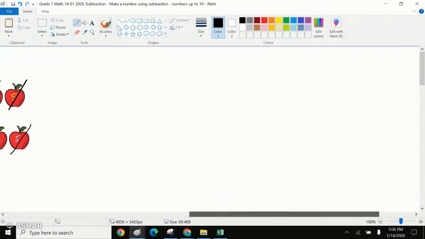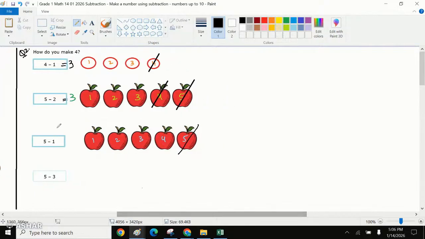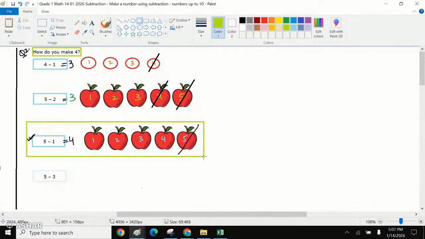Yes. So we can say in this question that 5 minus 1 was equal to 4, right? So this is true because we had to find a number. How do you make a 4? This is how we can make a 4, right? 5 minus 1 was 4.